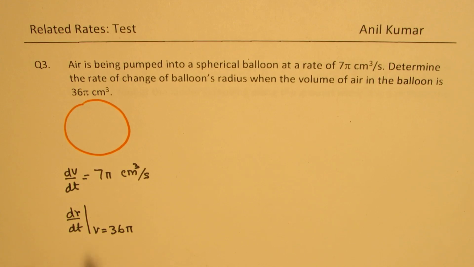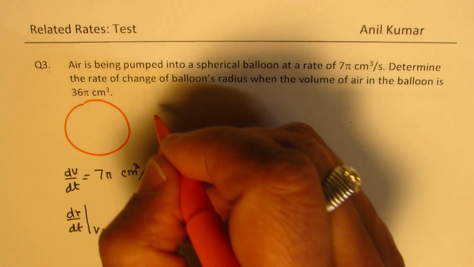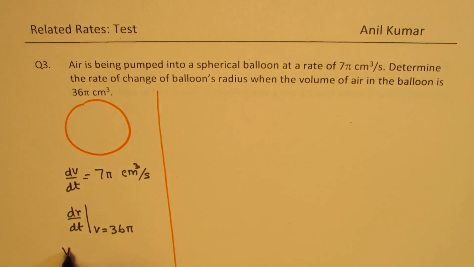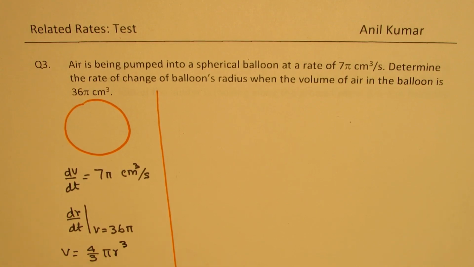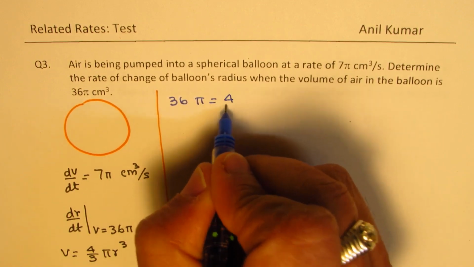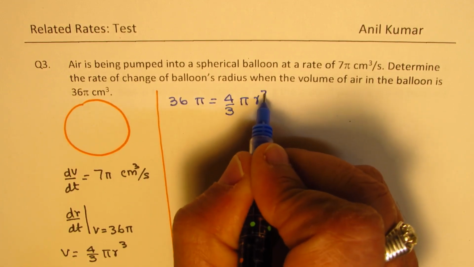Now, we are not given the radius, we are given the volume. So in such cases, we need to figure out how much will be the radius for the given volume, correct? So that is one step. Now we know that the volume is 4 by 3 pi r cube. Now we can use this relation to get the answer. So let's use this relation. Volume is 36 pi. So for 36 pi, 4 by 3 pi r cube.